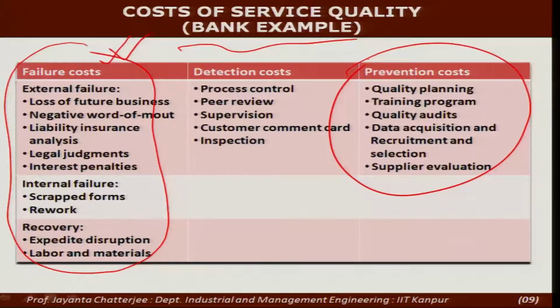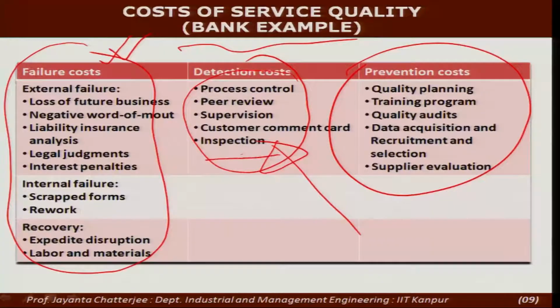So, the investment that you make in prevention is very important, and you should also have a mechanism that, if something has slipped through your prevention mechanism, you should be able to detect the problem even before it occurs. And these are the ways: process control, customer comment card, regular inspection and audit, third party audit.